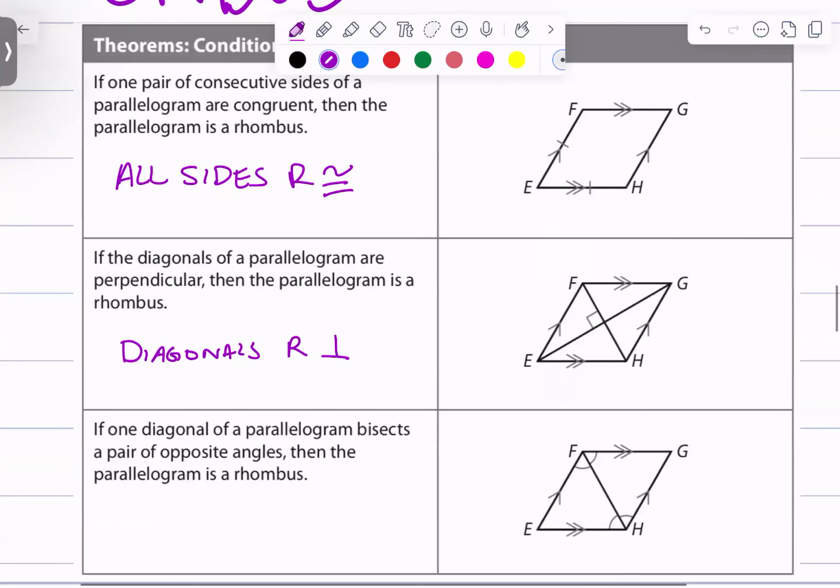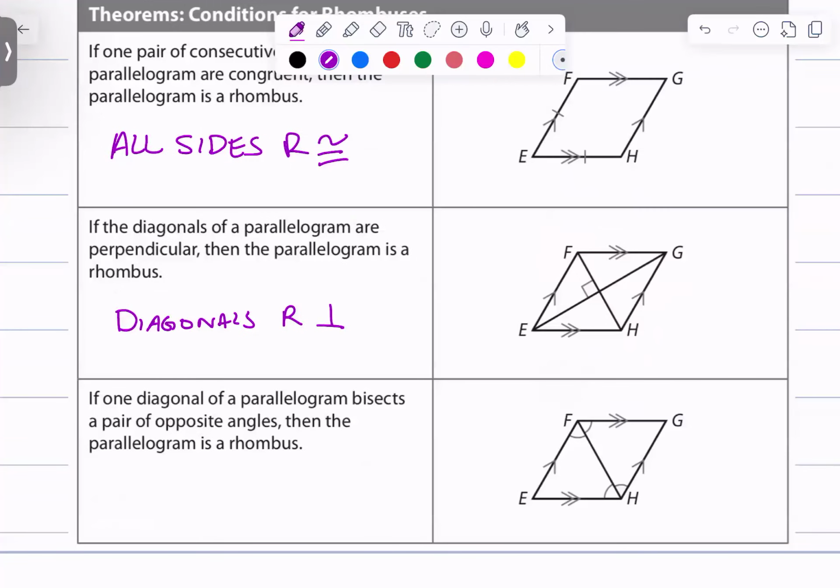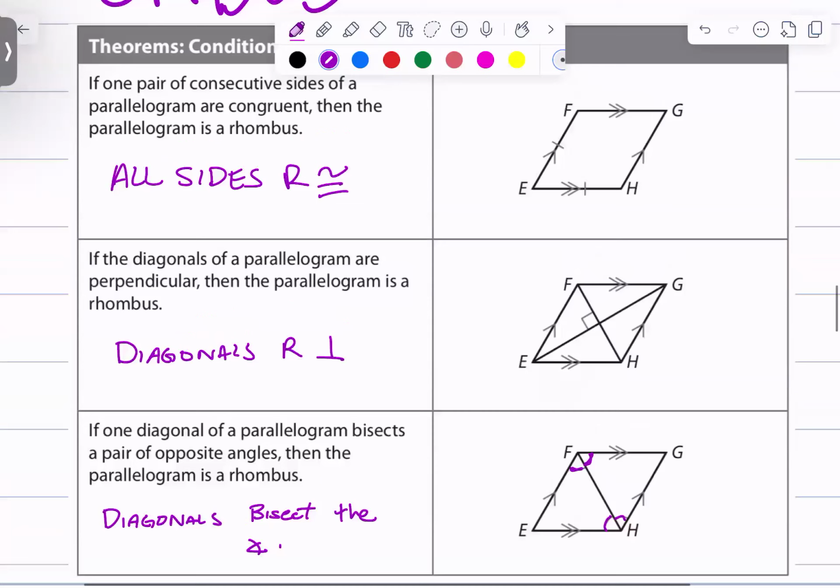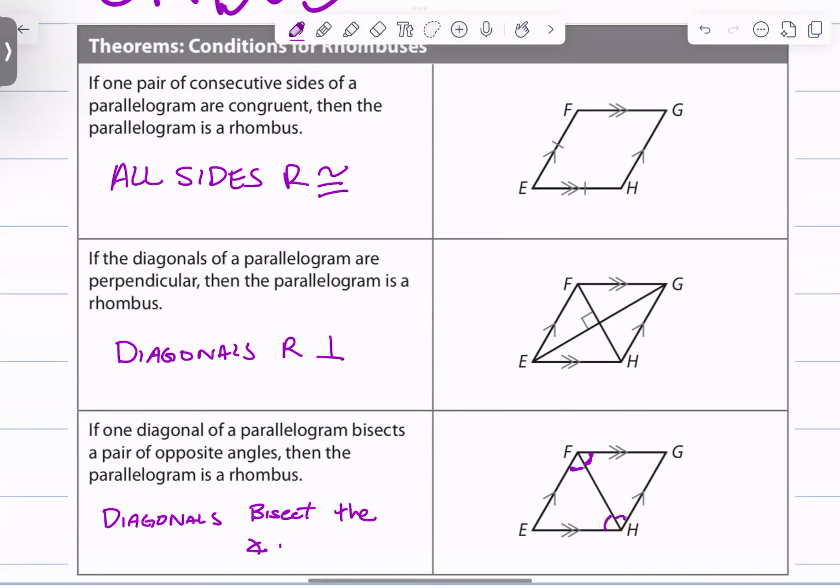And the last trait here is that the diagonals bisect the angle. So that means that this angle is congruent to this angle. They're actually all congruent to each other. So those are the three traits for what makes a rhombus a rhombus.